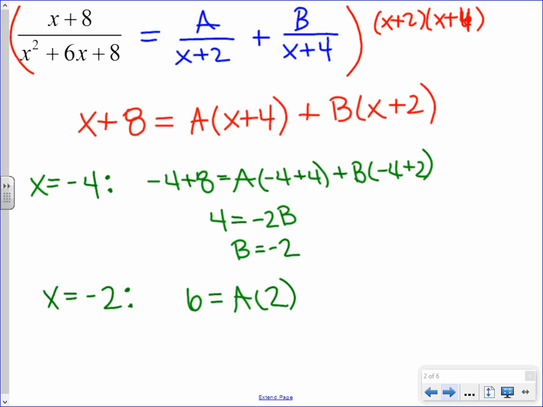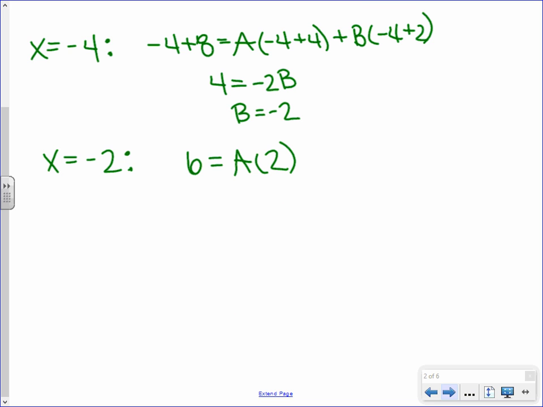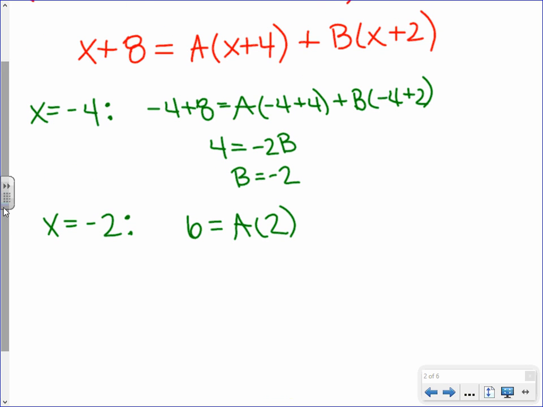Plus -2 plus 2 is 0, so we have plus B times 0. Okay, notice how I did some of the work in my head. That is okay. I at least need to see this. What's A? A is 3.